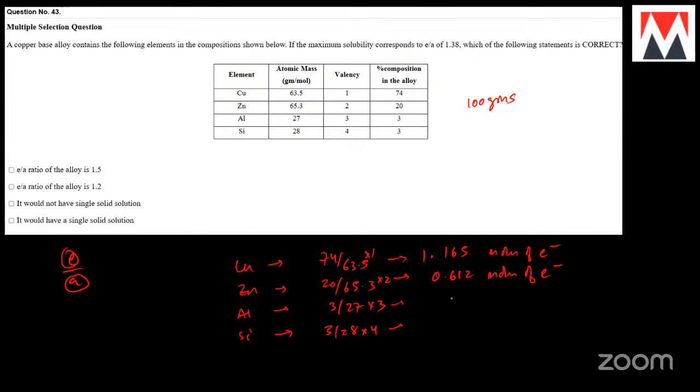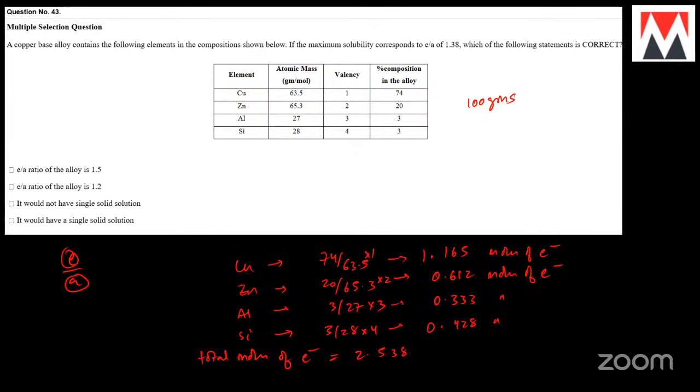You have 0.333 moles of electrons and 0.428 moles of electrons. So what is the total moles of electrons? Total moles of electrons is 1.165, 0.612, 0.333, 0.428. You get 2.538 moles of electrons. Okay.